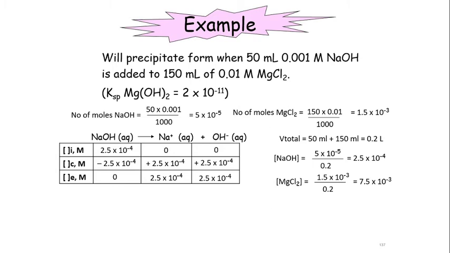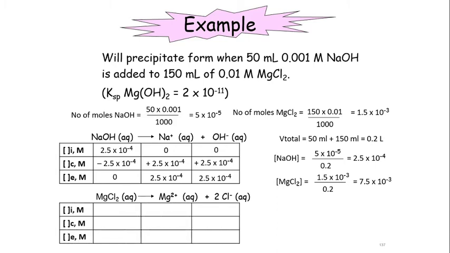Next, we do the same process for MgCl2. First, the dissociation equation. We will get Mg2+ and 2Cl-. Draw the ICE table. The initial concentration for MgCl2 is 7.5 times 10 to the power of negative 3, while for Mg2+ and Cl- is 0.